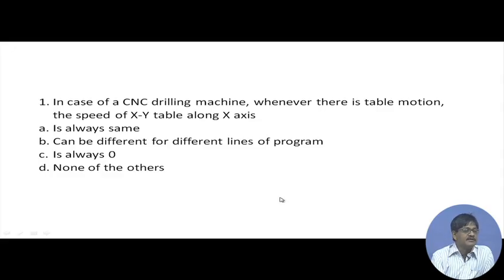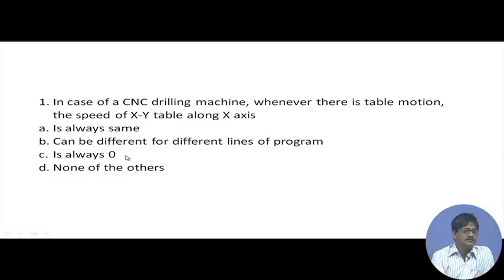In case of a CNC drilling machine, whenever there is a table motion, the speed of XY table along X axis is always same? No, it can be 0. It can be the maximum speed possible, or it can be 0. See, it is not always same. Can be different for different lines of program. Yes, it can be different. It can be 0 or it can be the maximum speed. So, it can be technically different.